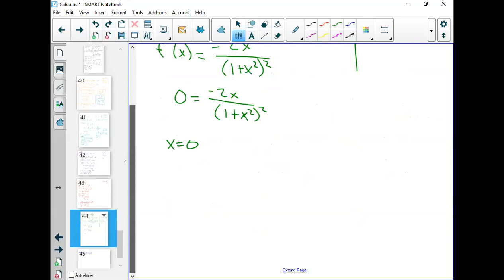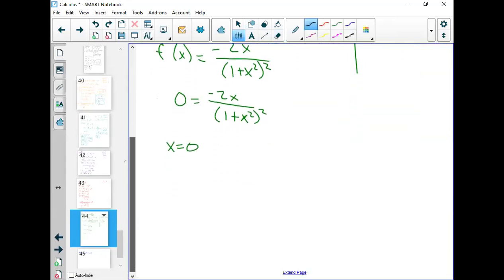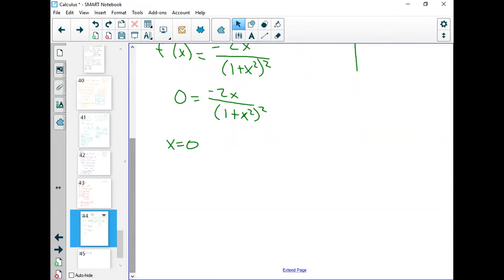And then let's make a side note here. There is something that x cannot be, because we have a denominator, so let's just check this point. Oh, just kidding. x squared can never be -1, so it turns out that we're actually good. Let me go over that again.